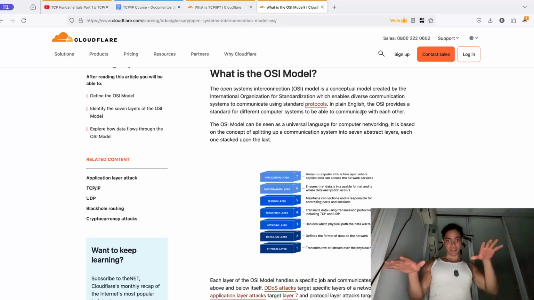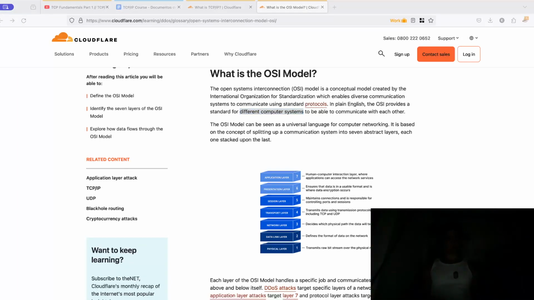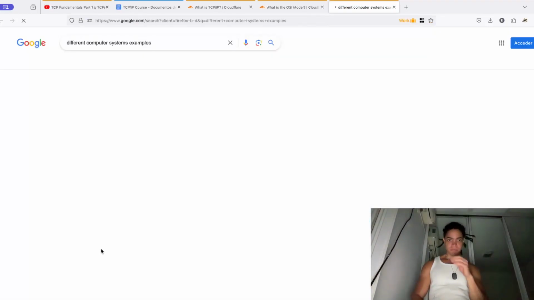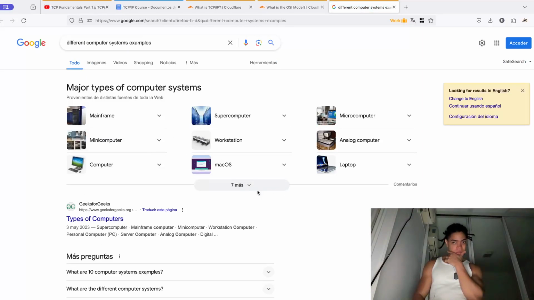So regardless of the computer system that you have, examples of computer systems here are different systems that process data, that process arithmetic operations.